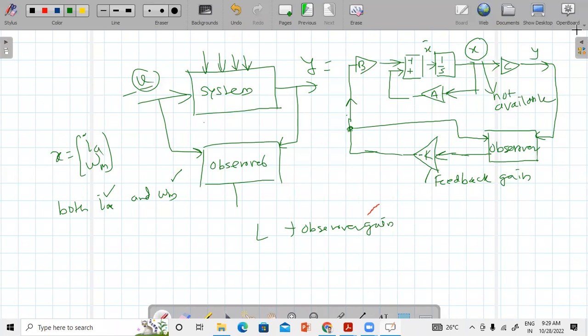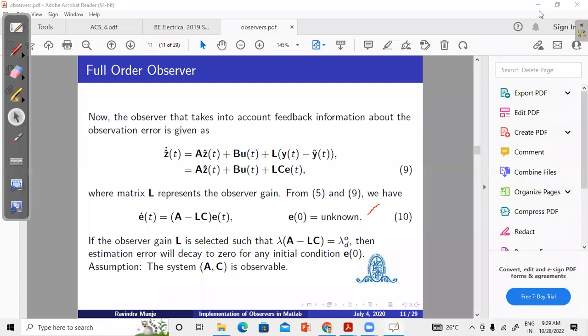Like the state feedback gain, there is an observer gain for the observer system. So A z cap plus BU plus L C e of t, where e of t is the estimation error, which is going to be 0 as t tends to infinity, and L represents the observation gain. From 5 and 6, what we can get is the estimation error dynamics: e dot is A minus LC e of t.